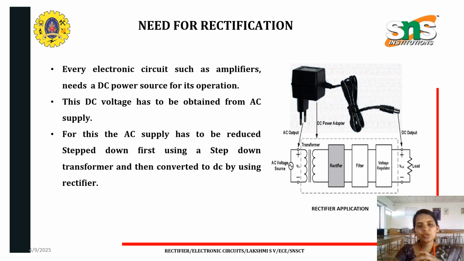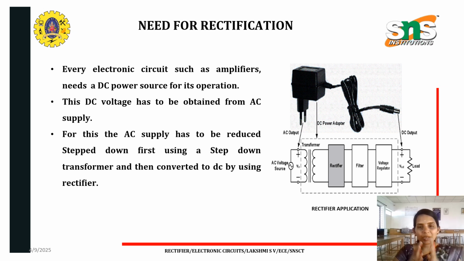Most of the electronic devices work on a regulated DC power supply. One example is an amplifier. This DC voltage has to be obtained from our AC supply. At our home, we receive AC power supply, which is 230 volt and the frequency is 50 hertz.